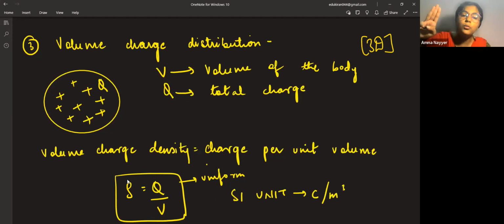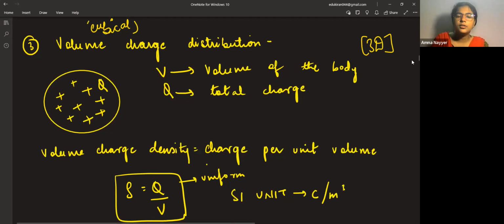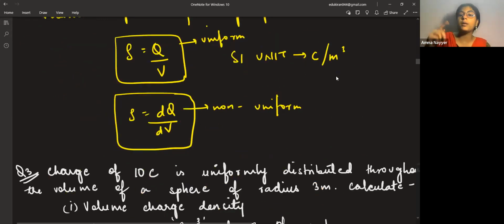Volumetric or volumic or cubical charge distribution. All the names are the same. Cubical also is used sometimes. All right. So this is charge per unit volume. One more dimension gets added, that is coulomb per meter cube. Fine. So rho is dq over dv.